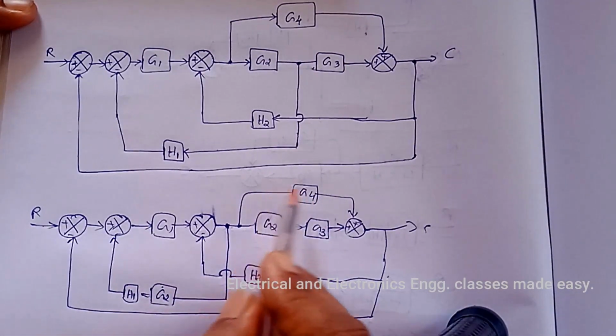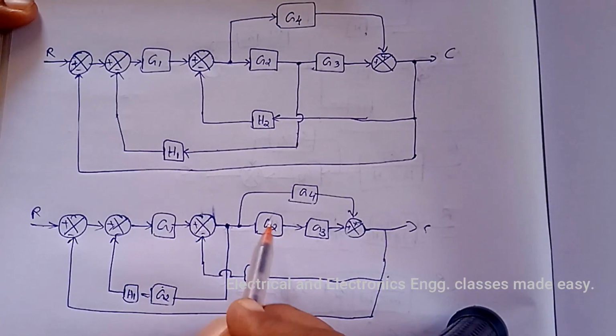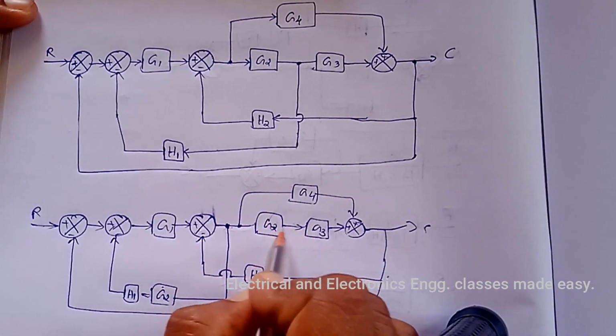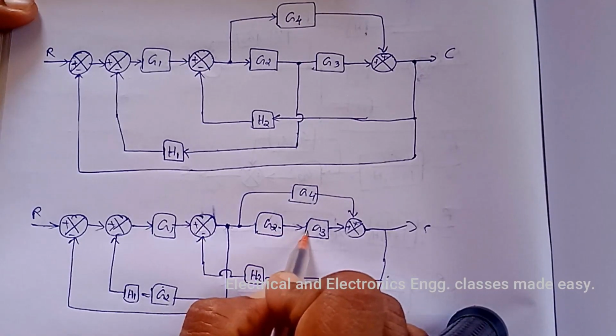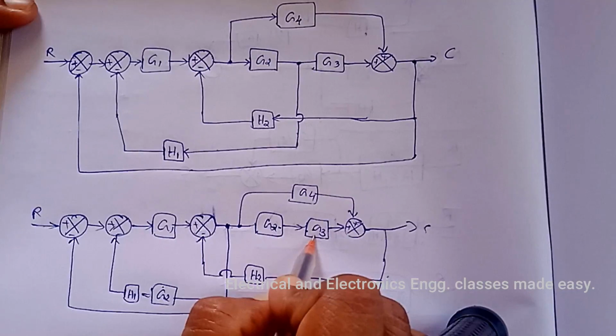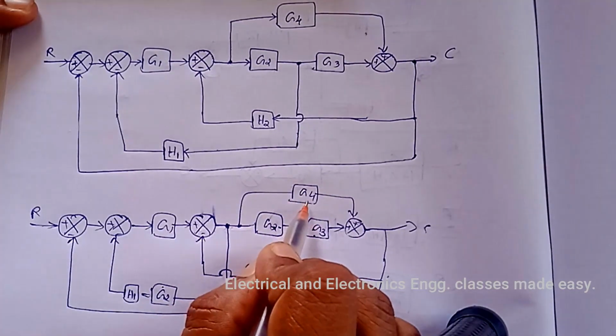Now we can combine these parallel paths, and before that we have to multiply these two blocks because these two are in cascaded form. So we get G2 G3 here and add that with G4.